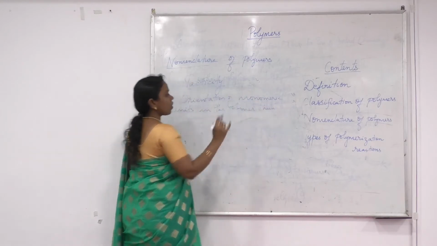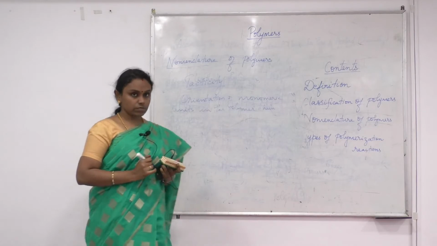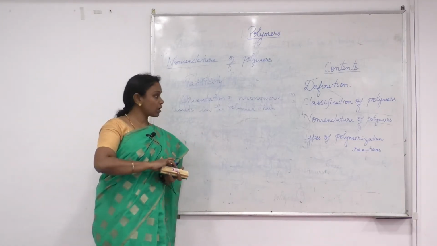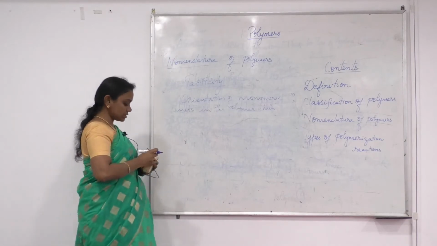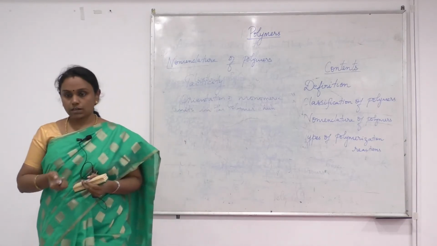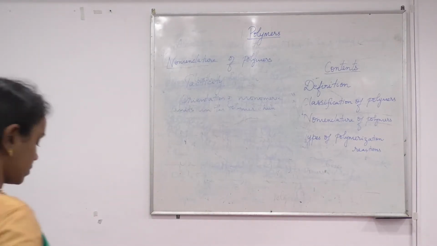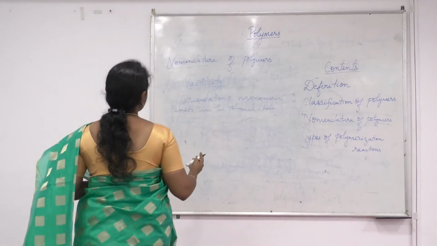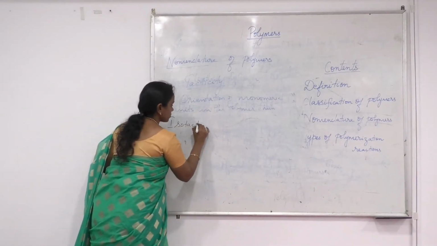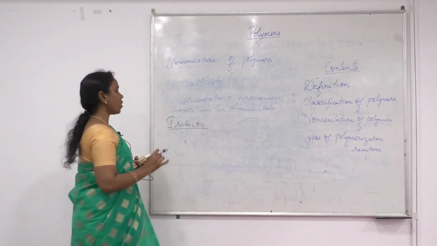So, if all the functional groups are present on the same side of the backbone of the polymer, then it is known as isotactic. Isotactic means the functional groups are all lying on the same side of the polymeric chain.